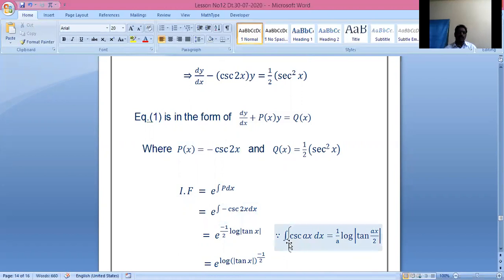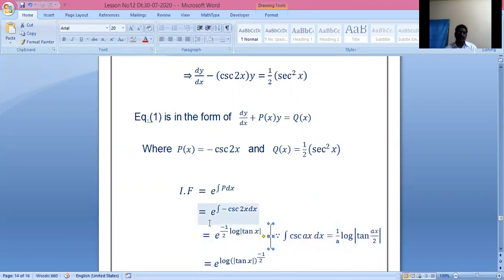We know that integration of cosecant ax dx is equal to 1 by a into log of tan ax by 2. Therefore, e to the power of integration minus cosecant 2x dx is e to the power of minus 1 by 2 into log tan x.